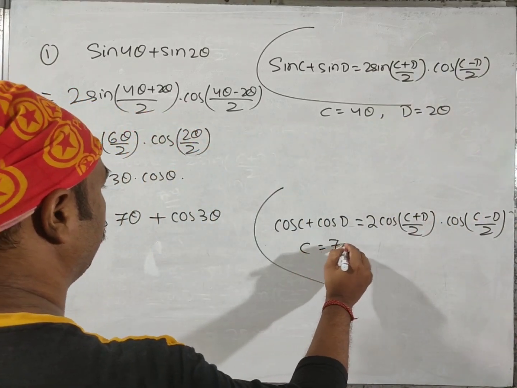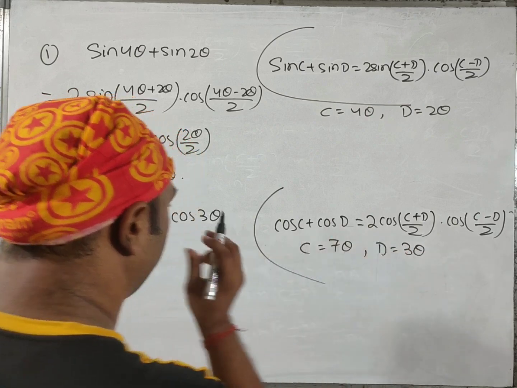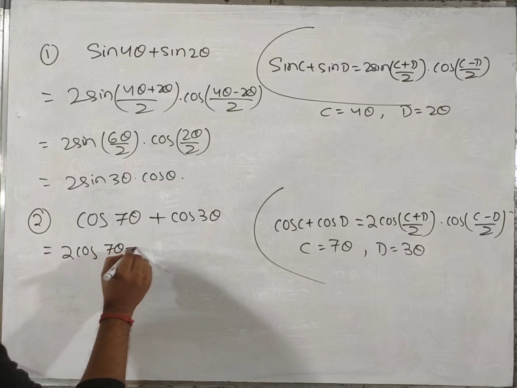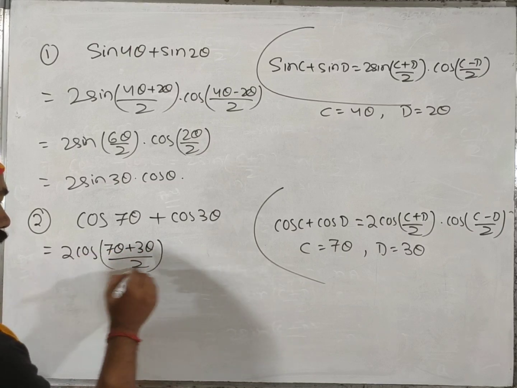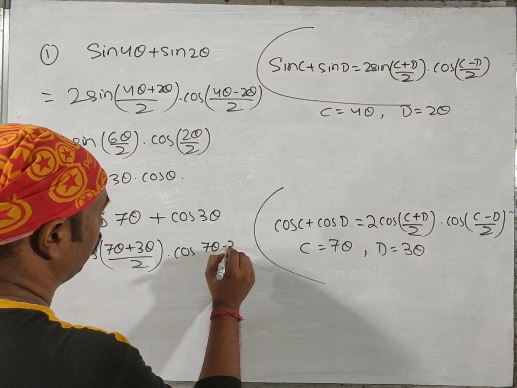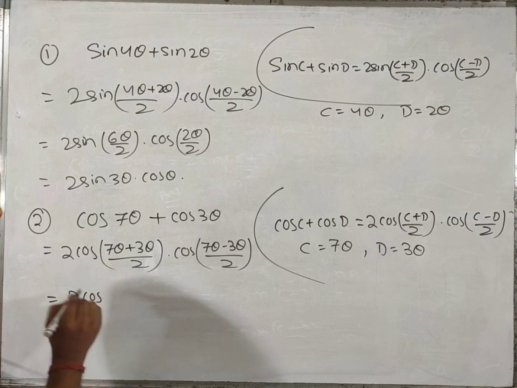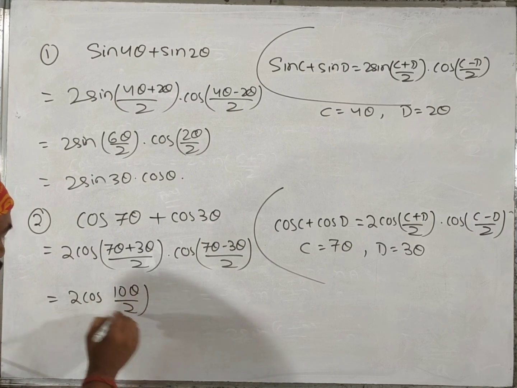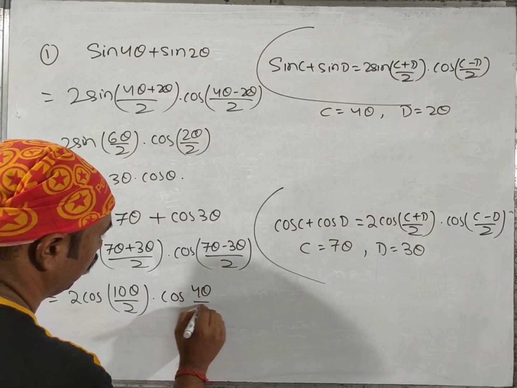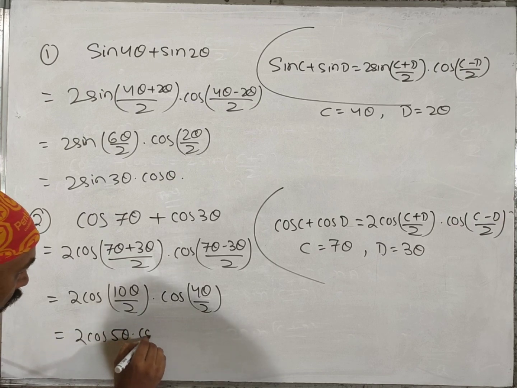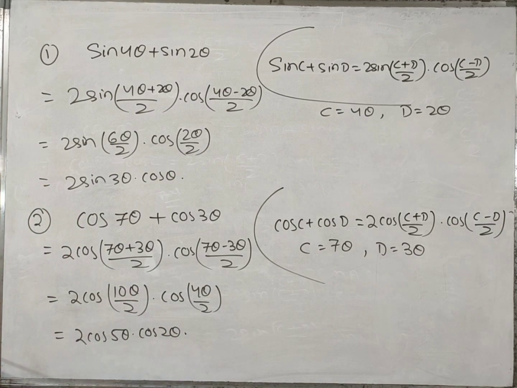In place of C it is 7 theta, in place of D it is 3 theta. 2 cos((7 theta plus 3 theta)/2) into cos((7 theta minus 3 theta)/2). So it will be 2 cos(10 theta/2) into cos(4 theta/2), so it will be 2 cos 5 theta into cos 2 theta. So here it is one of the problems based upon the second type of transformation formula.